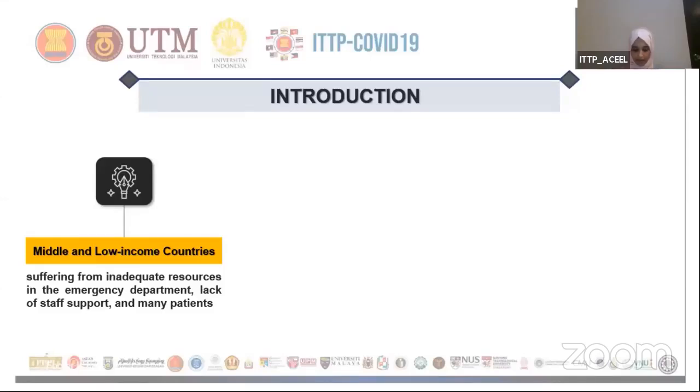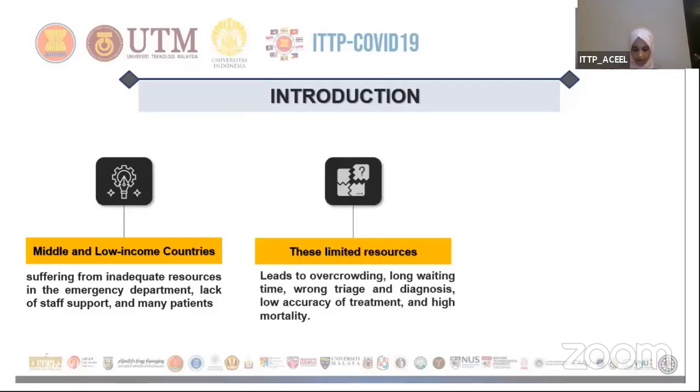Also, a large number of patients visit emergency departments daily. These limited resources lead to overcrowding, and patients may wait a long time and get a long triage and diagnosis. It also leads to low accuracy of treatment and eventually to high mortality.